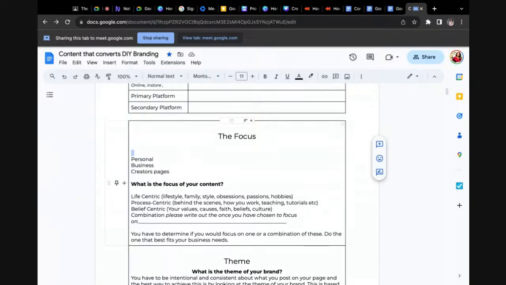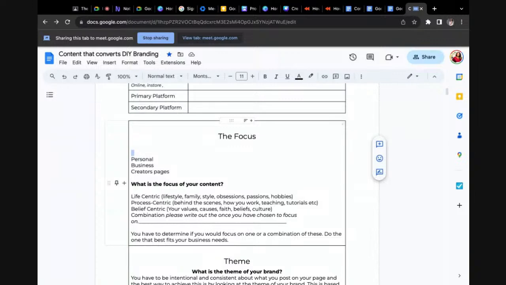So we need to understand that when we know the type of page that we are creating first, or the type of platform or the type of image that we're creating, we can then create content that will be aligned to this. So for this, we have three categories of people that I like to categorize. This is not what everyone does. So I will do something different. Other people will do something different.